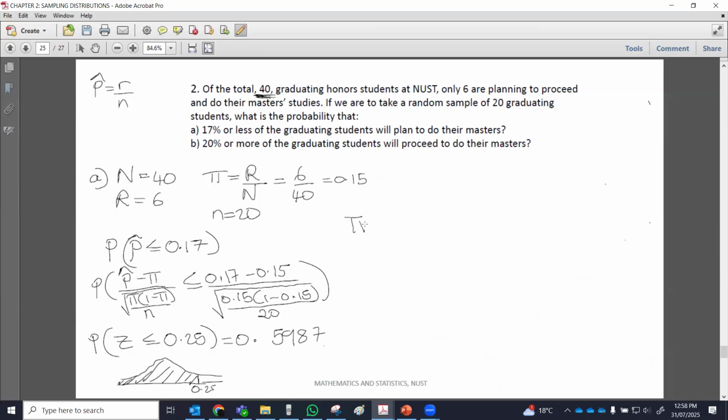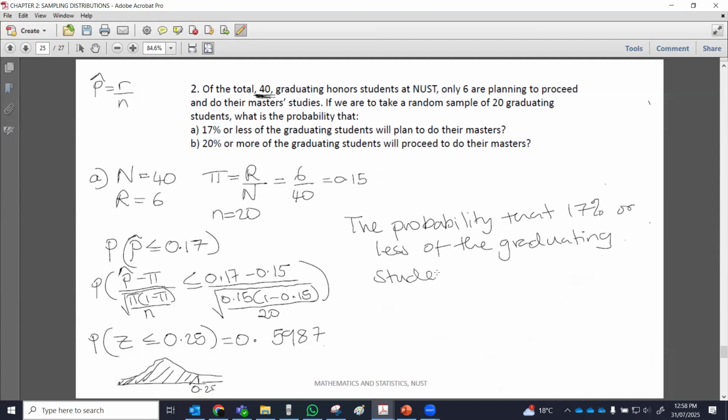Then we write the probability that 17% or less of the graduating students will plan to do their masters is 0.5987. Okay, that is our answer.